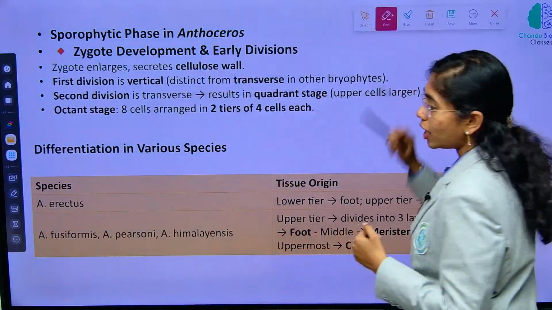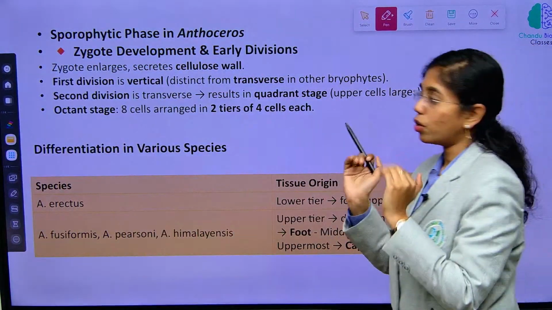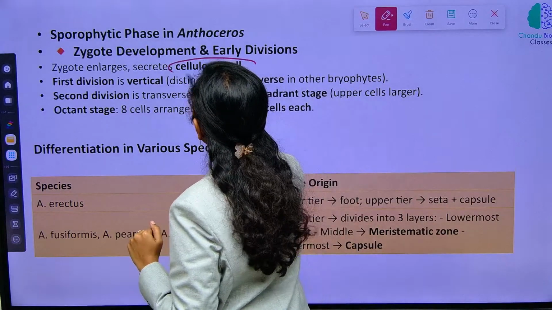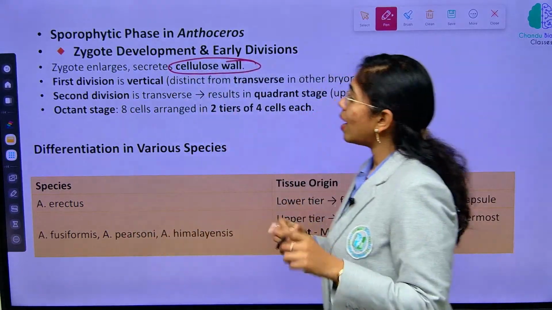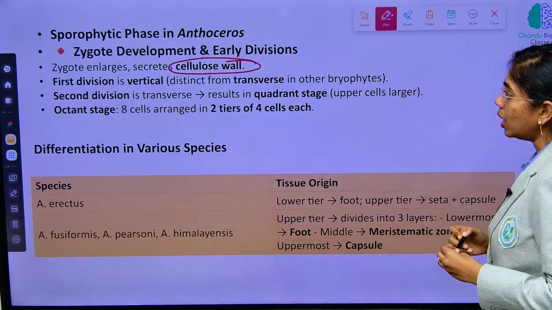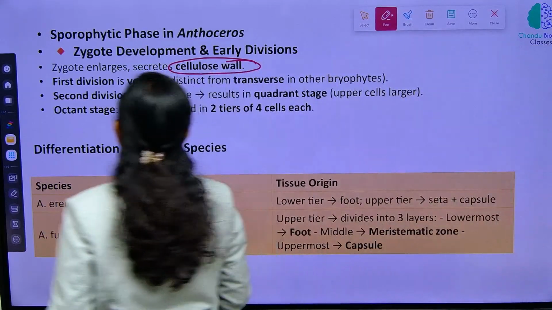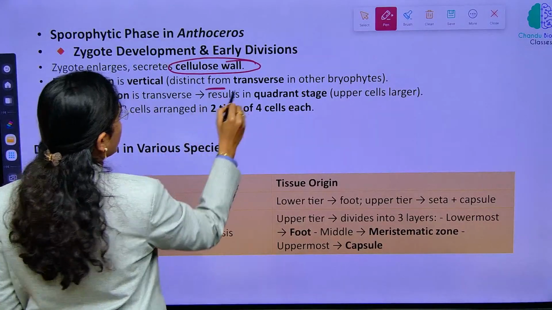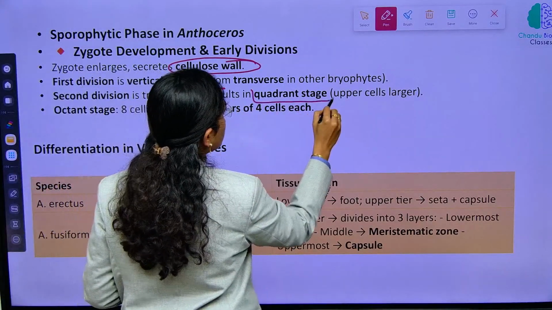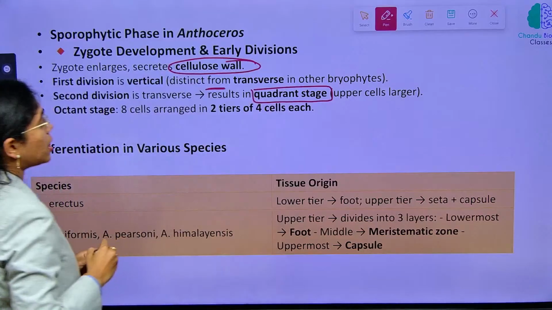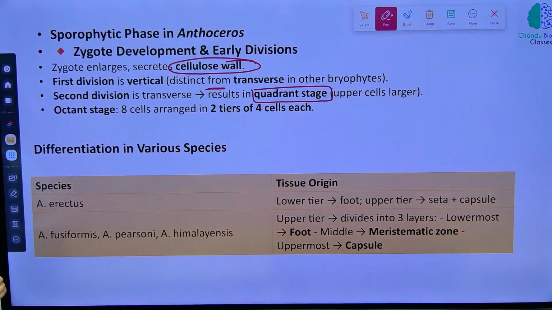Zygote will enlarge, and around the zygote you can see it will secrete a cellulosic wall. First division will be vertical and second division will be transverse. Okay. Second division, which is transverse, it will form a quadrant stage where upper cells will be larger and lower cells will be small.